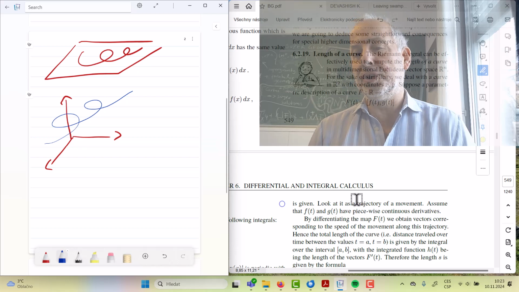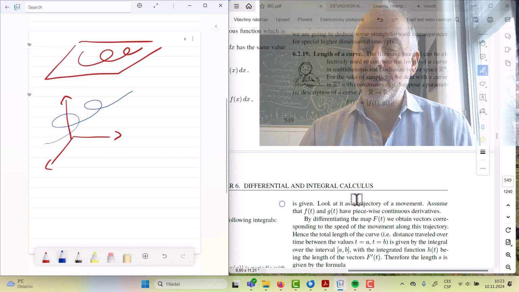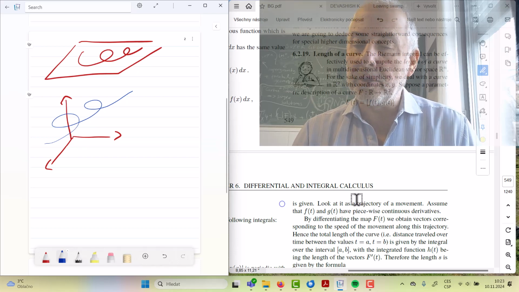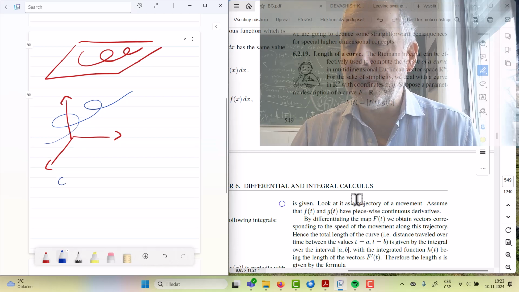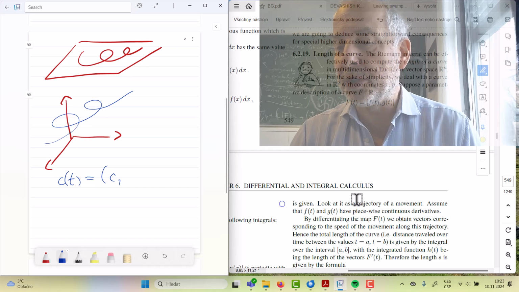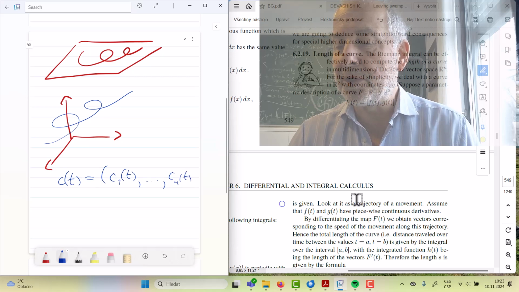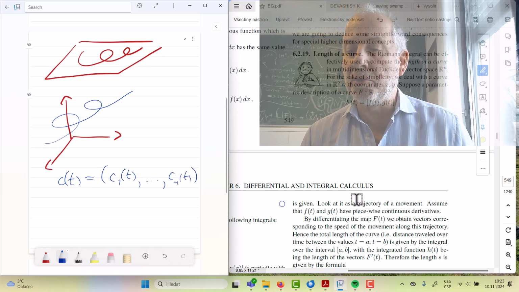How long is this curve? And that's not that difficult to think about, because the curve c(t) will be just having 3 coordinates, or as many coordinates as we have got. So it will be a vector valued thing. So n in the pictures is 2 or 3.